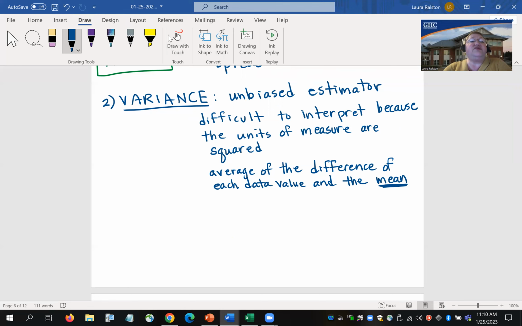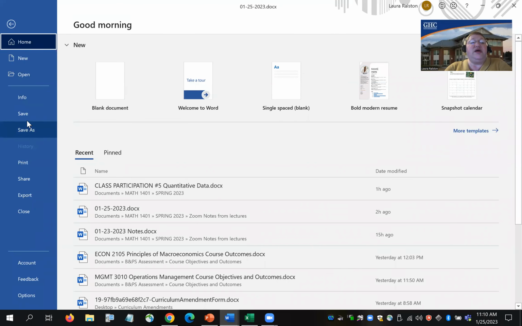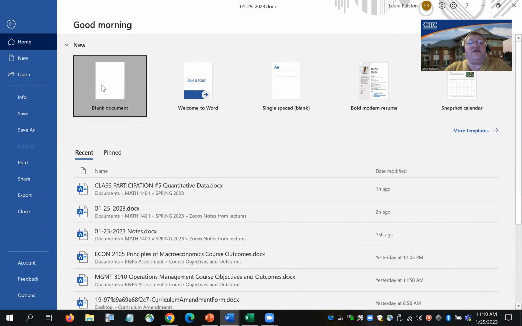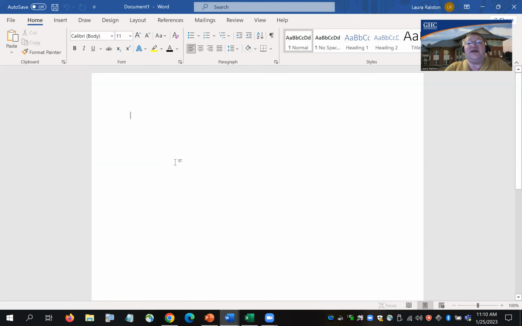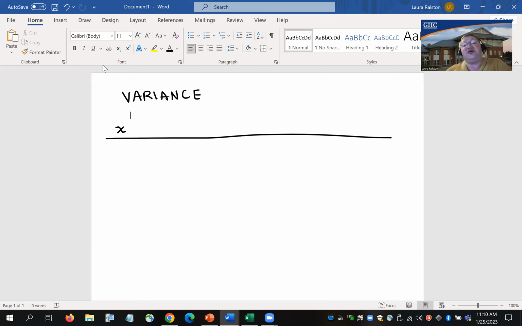So I want to go over to a clean sheet of paper and see if I can walk through the theory, if you will, behind the calculation of the variance. Now, I'm not going to get overly technical, but again, I want you to get a sense of what's going on. So let's say that we have the data values, and I'm going to keep it simple: 1, 2, 3, 4, and 5.